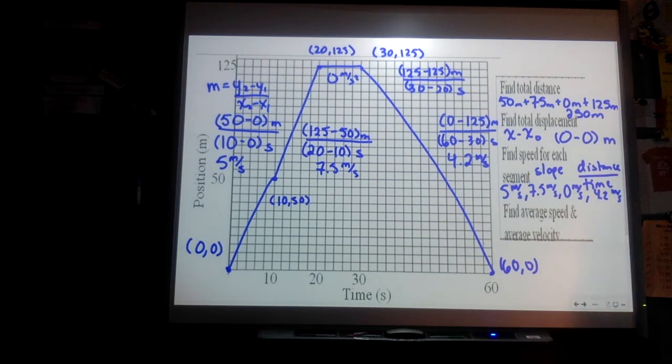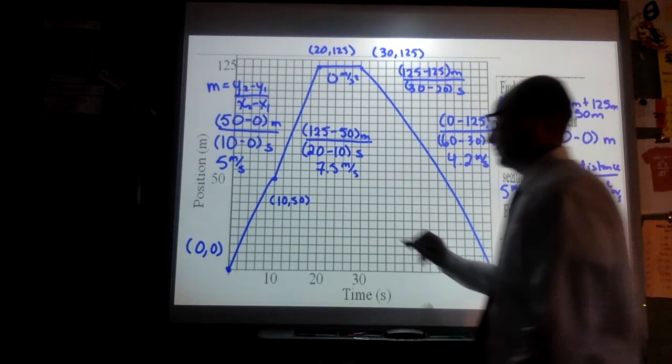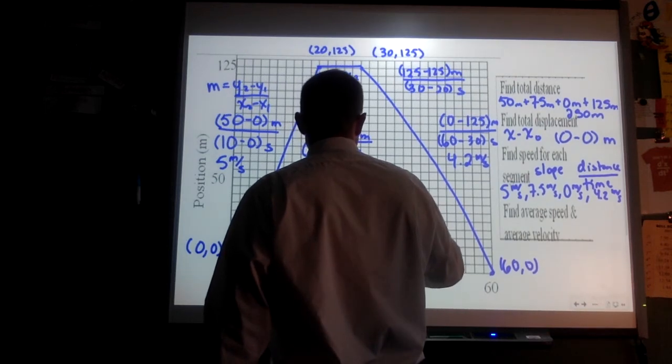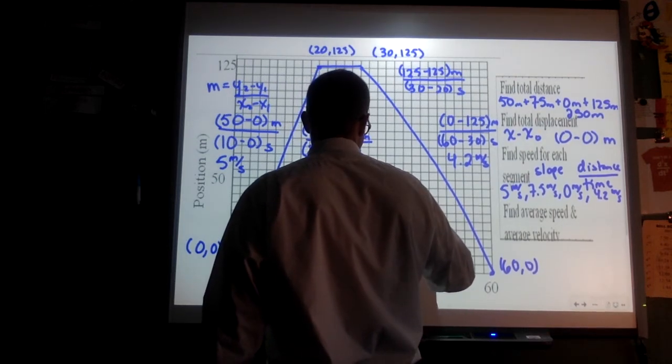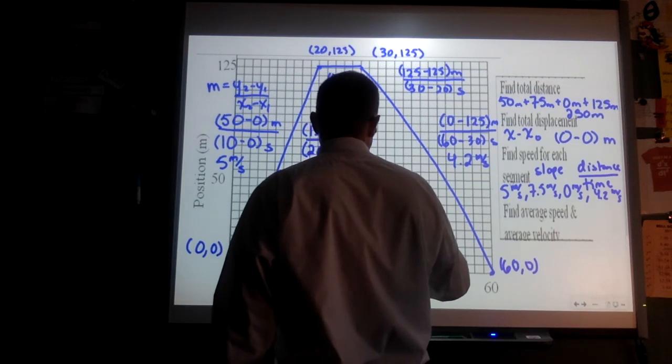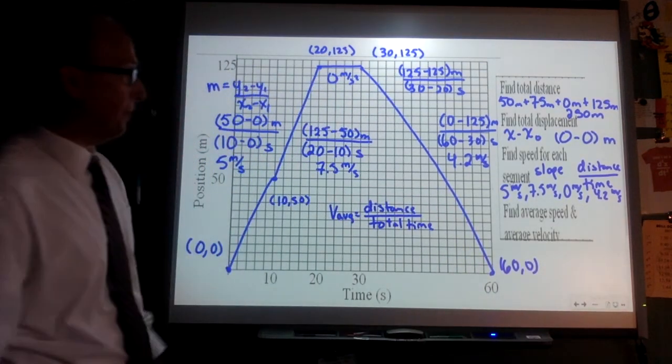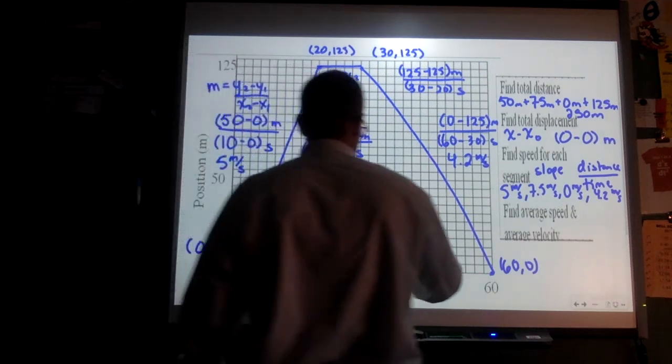All right, average speed is a little bit different. Average speed is going to be the total distance over the total time. So in this total thing, it says it goes 250 meters.